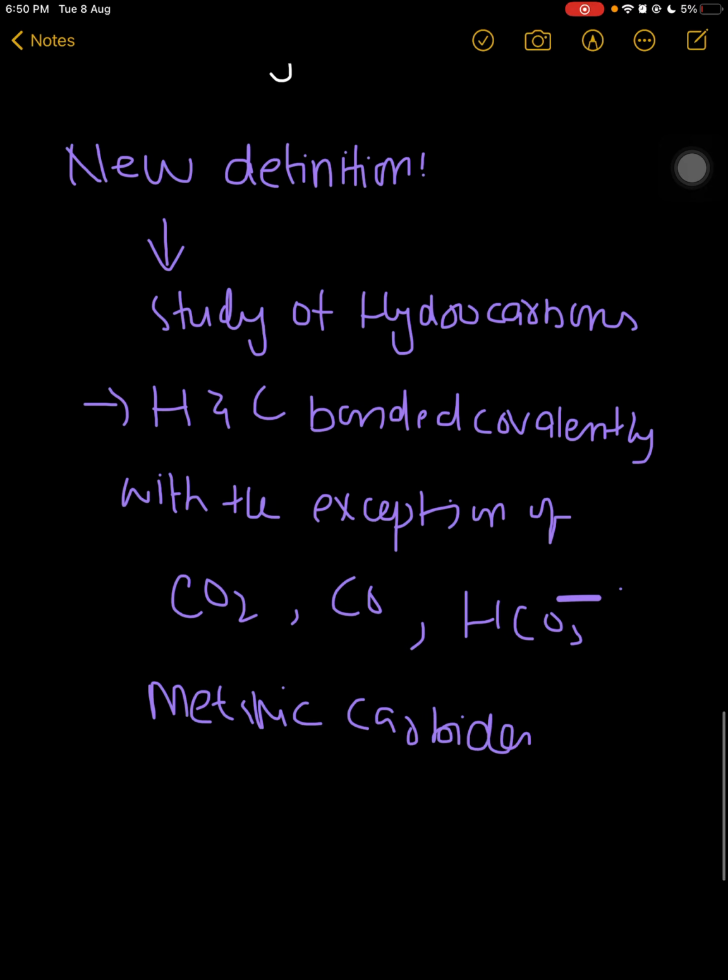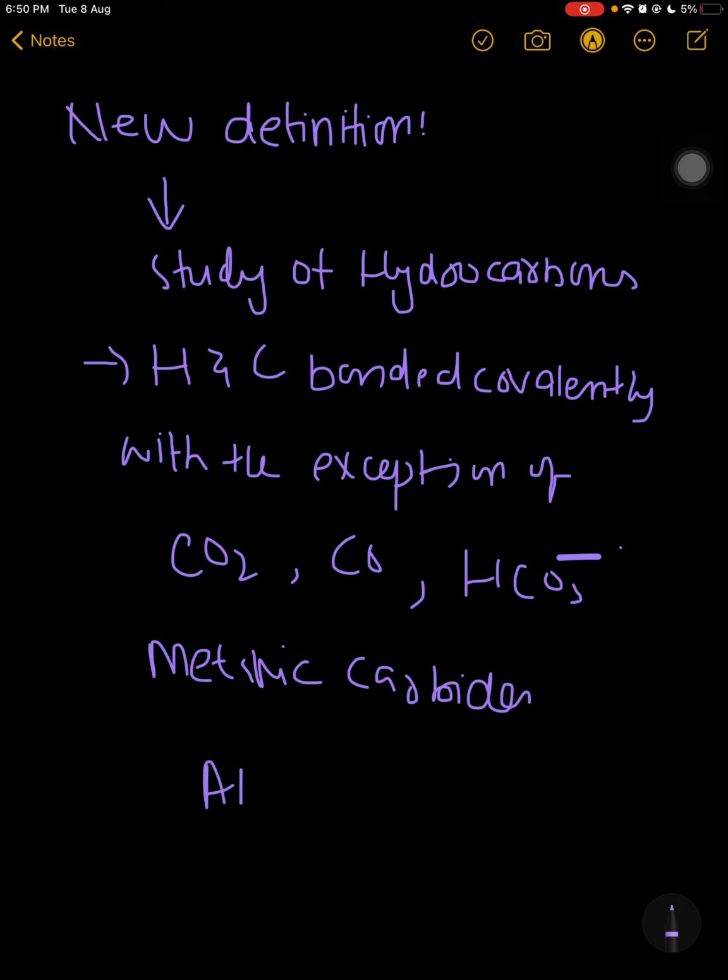Metallic carbides like aluminum carbide, and we have sodium cyanide. So with the exception of these compounds, all others are studied in the field of organic chemistry.